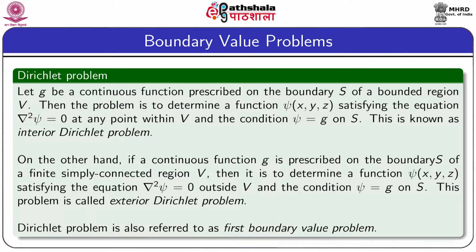Let small g be a continuous function prescribed on the boundary S of a bounded region capital V. Then the problem is to determine a function psi of 3 independent variables x, y, z, satisfying the equation grad square psi equals 0 at any point within V, and on the boundary of V, that is on S, the value of psi is equal to the function g.